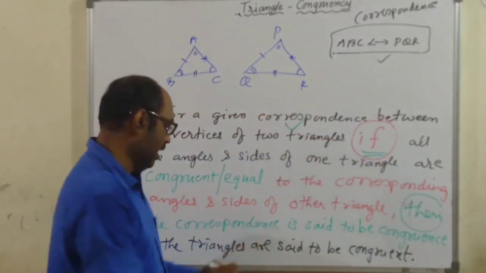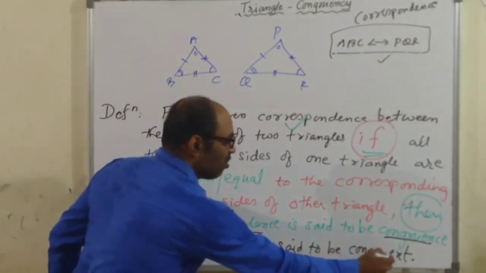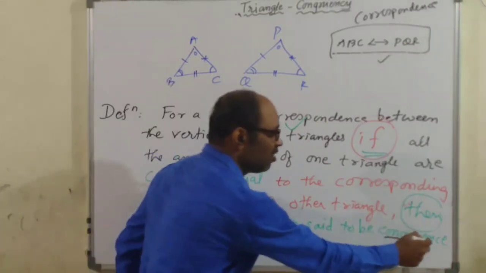Triangles are congruent and correspondence is congruence. Remember, triangles congruent, correspondence congruence.